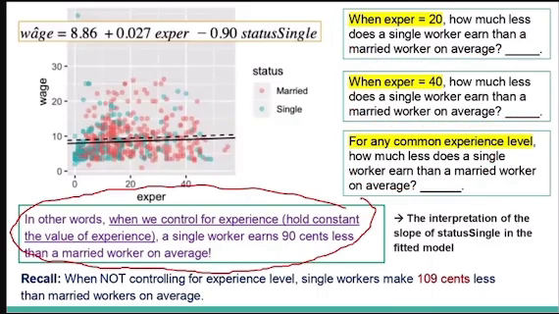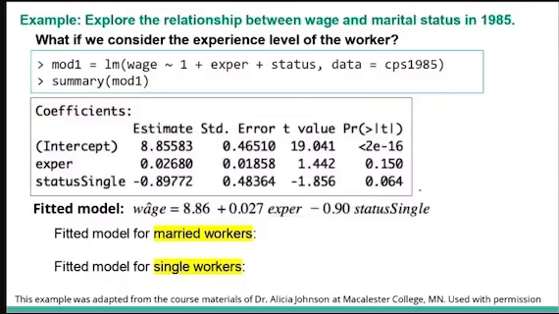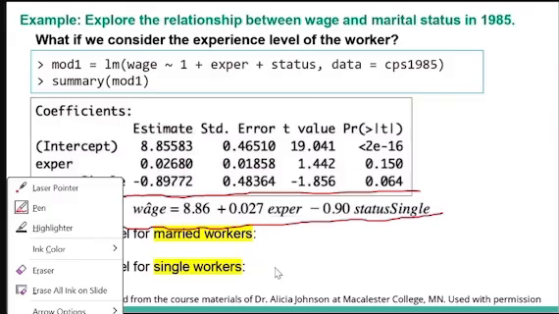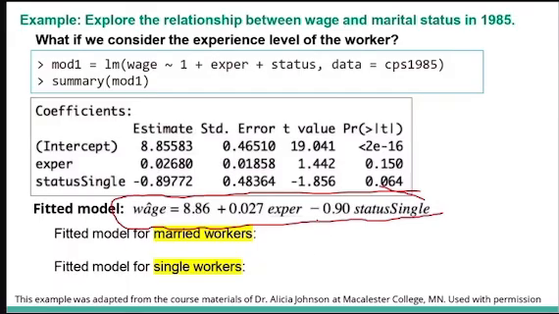I said, when we control for experience, because incorporating experience into the model means we're not ignoring that. We're actually adjusting for that. We're keeping that constant. Then we can now interpret that after we have already adjusted for experience.